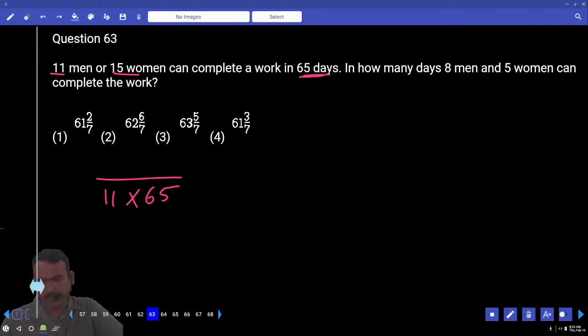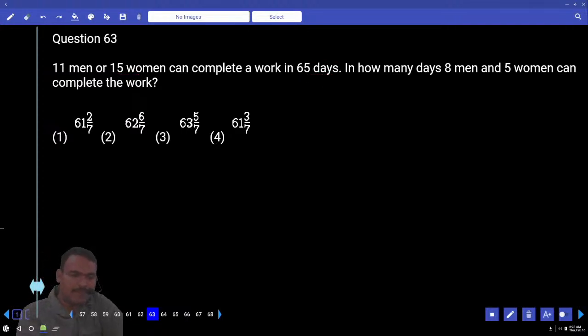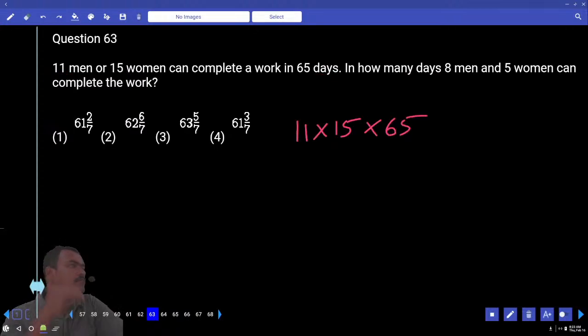Okay, just 1 minute. For this type of question we use the direct method. 11 men or 15 women complete the work in 65 days, so I write 11 into 15 into 65. It is the product value. When A and B together are required, we write product by sum, or product by difference? Product by sum. 11 into 15 into 65 is the product value.